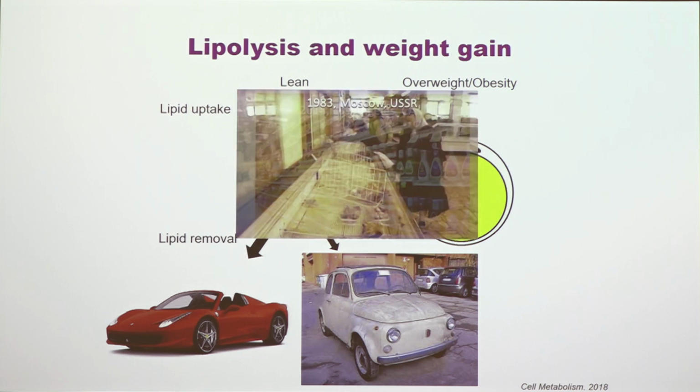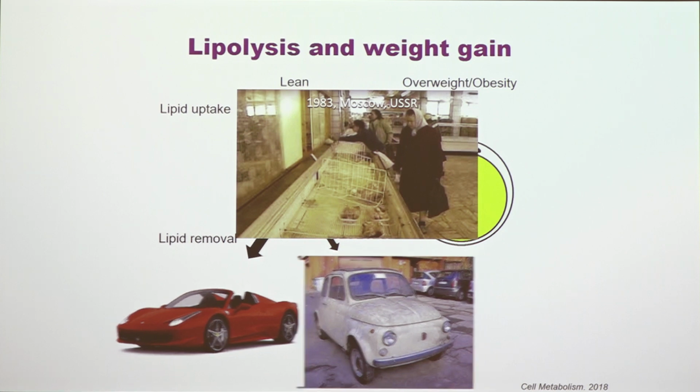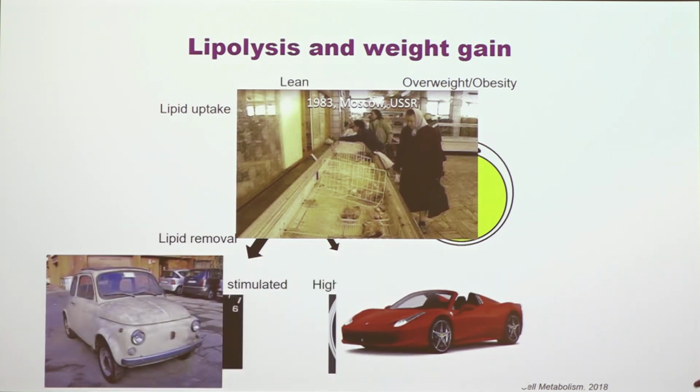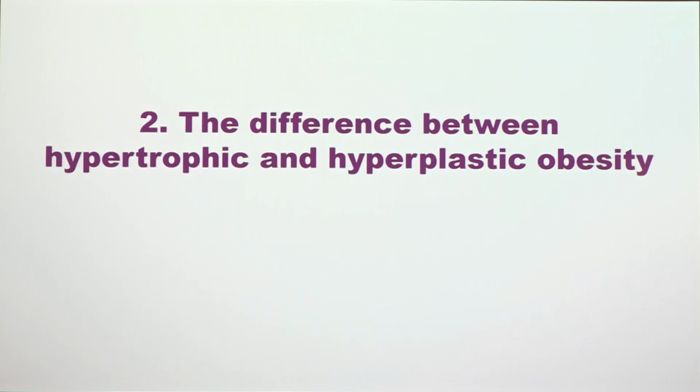But on the other hand, it wasn't a long time ago that stores in Europe looked like this. And in that case, it might actually be better to be the Fiat Cinquecento, because then you are much better at retaining your lipids and energy, basically. So you can withstand starvation in a much better way.